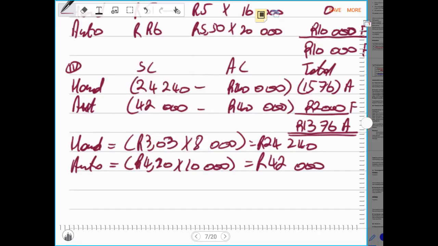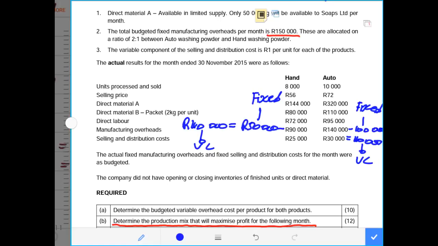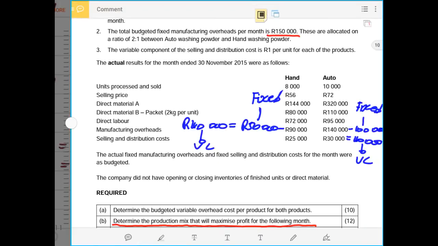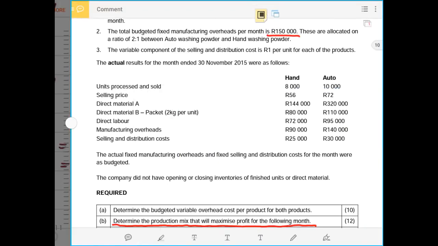So now I've calculated this in total. You can also calculate it using the cost per unit, and I also want to show you that. If you wanted the cost per unit, that would not have been a problem.